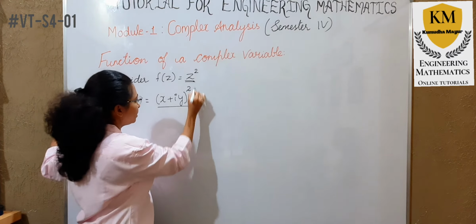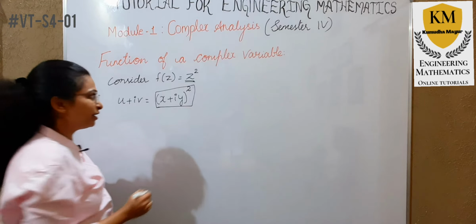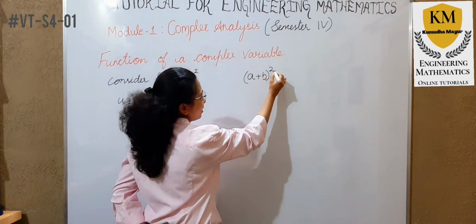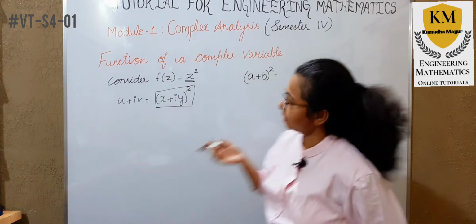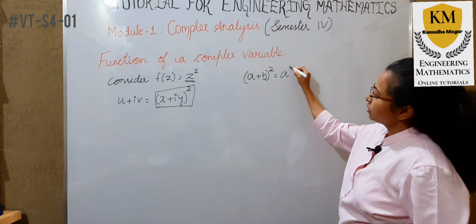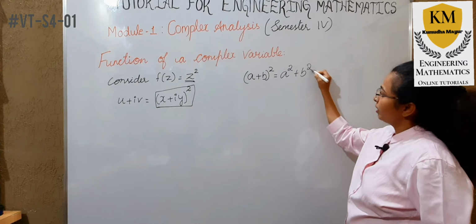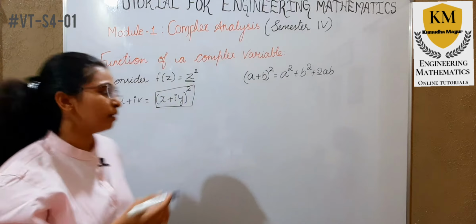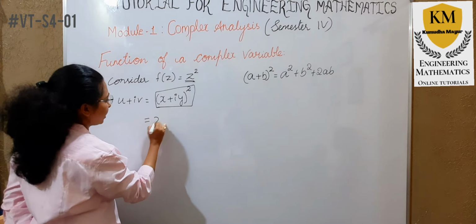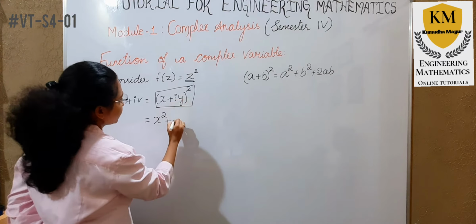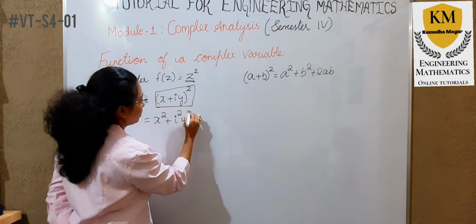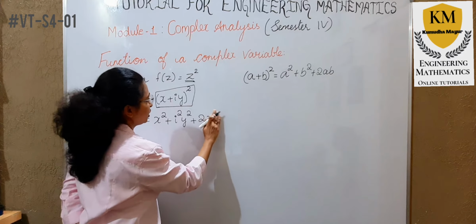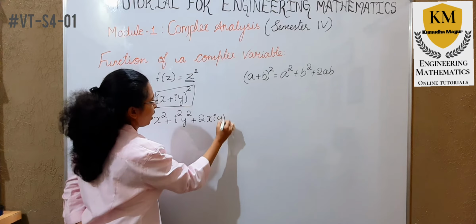You can observe this is a standard algebraic identity. It is similar to a plus b whole square. You already learned this, I think, when you were in 7th standard. So the identity says a square plus b square plus 2ab. So let me expand this u plus iv right now as x square plus i square y square plus 2 times x into i y.